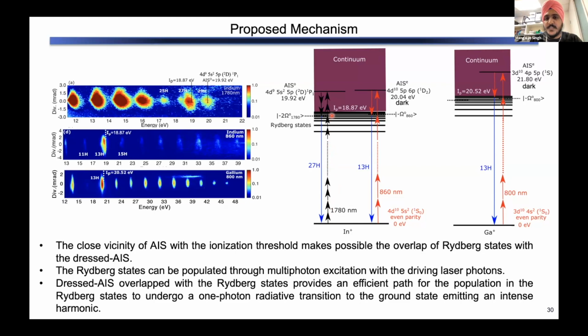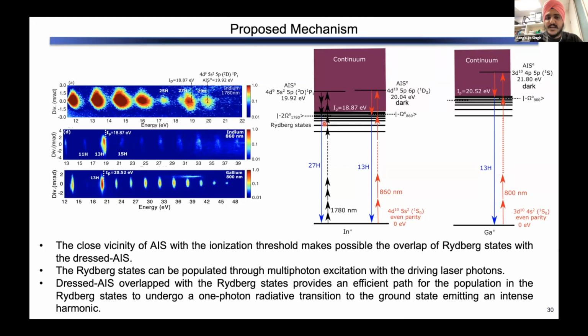Because of the multiphoton ionization with the IP, these Rydberg states get populated. And because the autoionizing state and IP are located very close, the dressed state, which is the 2-photon-below dressed state for the autoionizing state, has an opportunity to overlap with the Rydberg cloud located just below the ionization threshold.